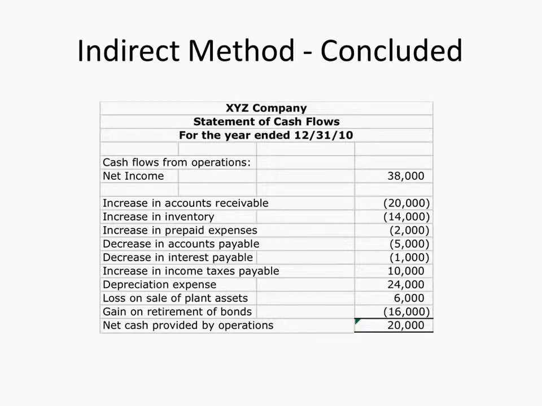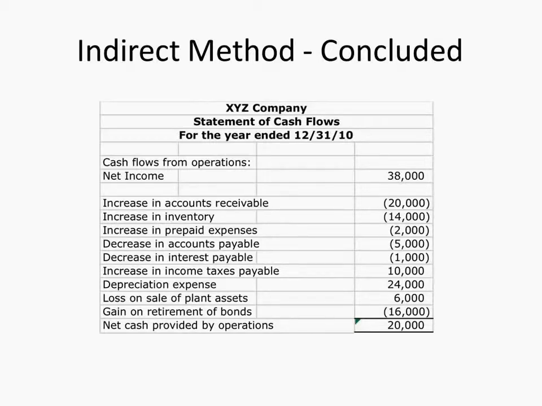Accrual basis. We start with net income on the accrual basis. What do we need to do? Put it on the cash basis. All of these accounts are accrual basis accounts, so we're taking out all of the accruals and leaving only the cash items remaining.